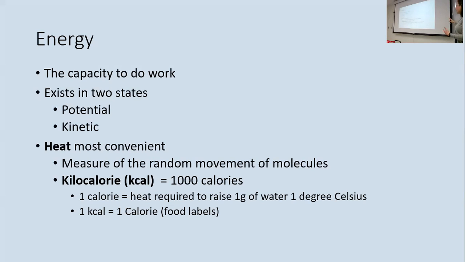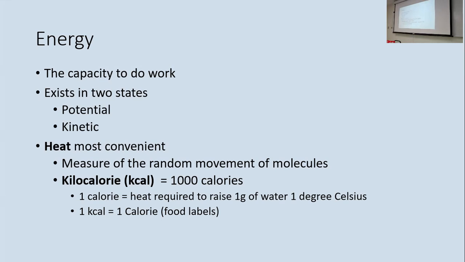In the form that we tend to see it in our daily lives, 1 kilocalorie, lowercase c, is equal to 1 capital C calorie. And that 1 capital C calorie is the one that goes on food labels.